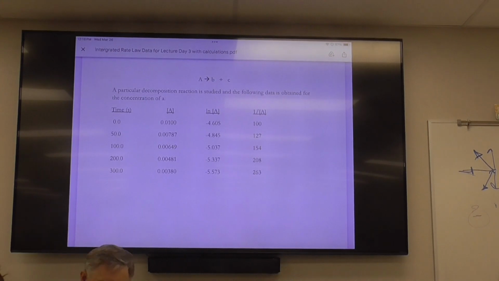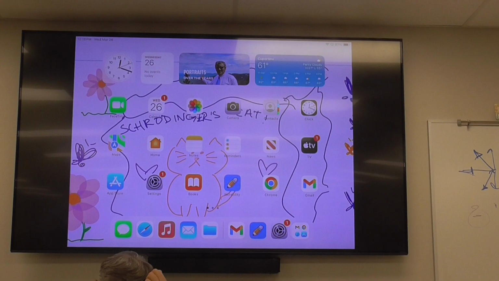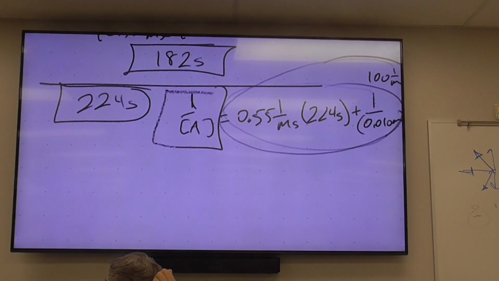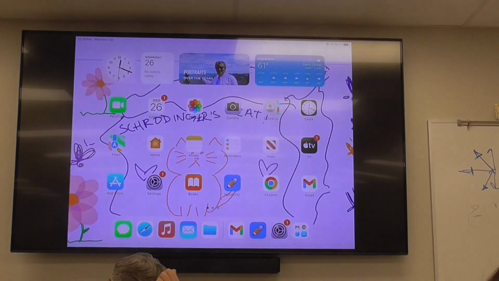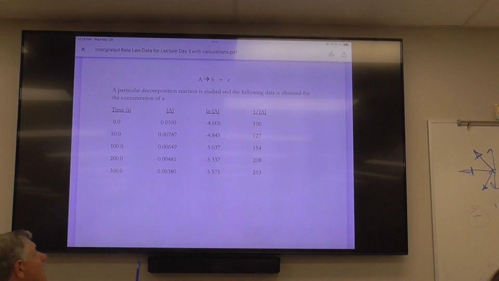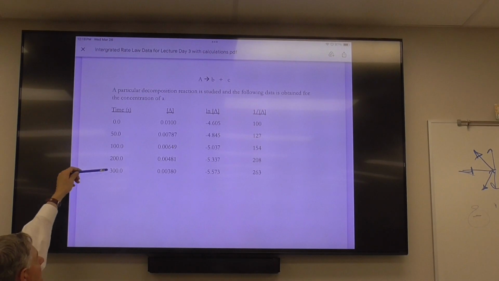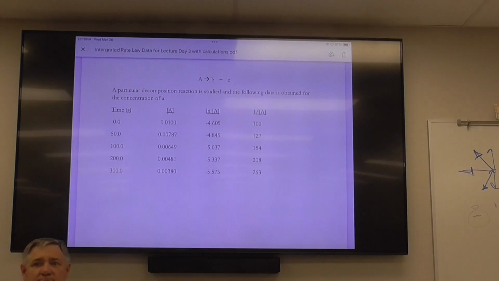Does it fit? So what did you get when you did the actual calculations? 0.00448. If you look at your data, 0.00448 is in that gap. So at least we know we had a fighting chance that we did it right.